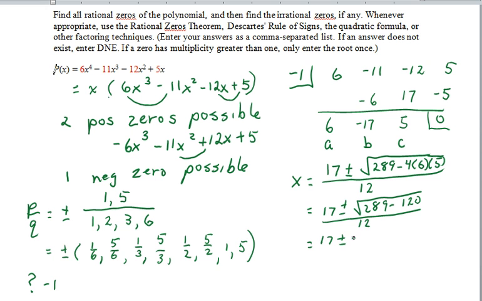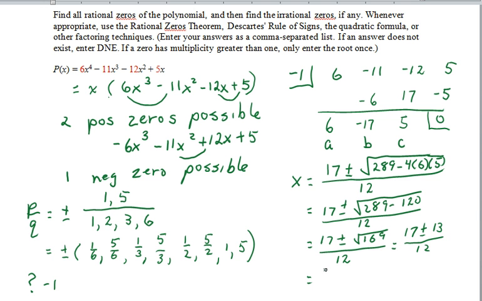17 plus or minus the square root of 169, all over 12. And the square root of 169 is 13, so we get 17 plus or minus 13 over 12.